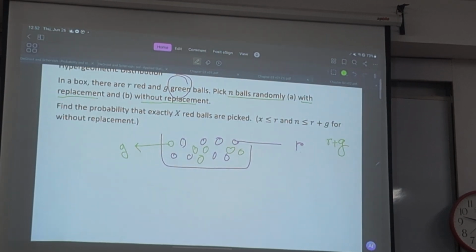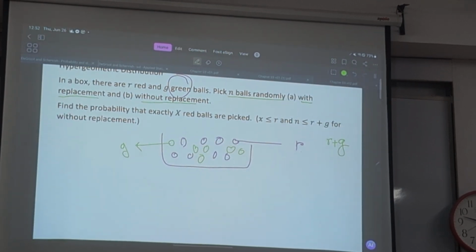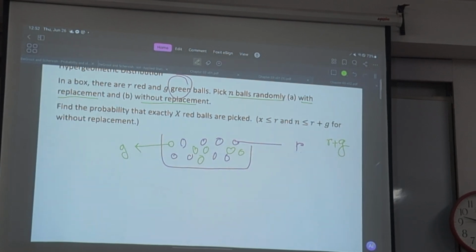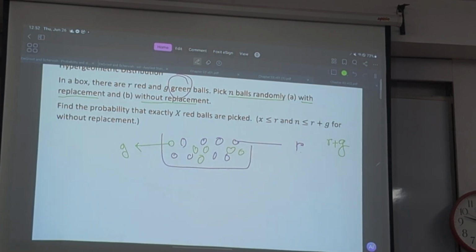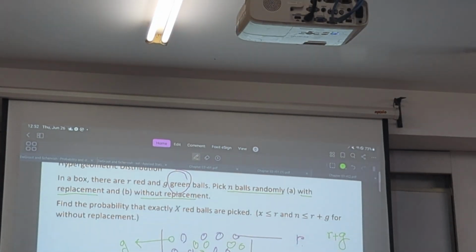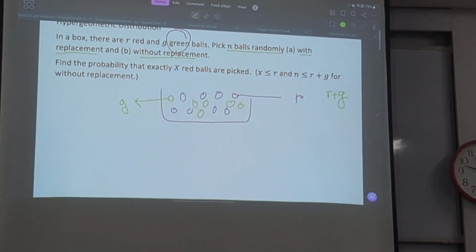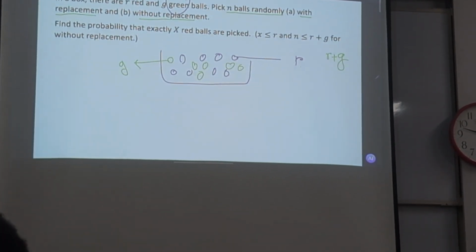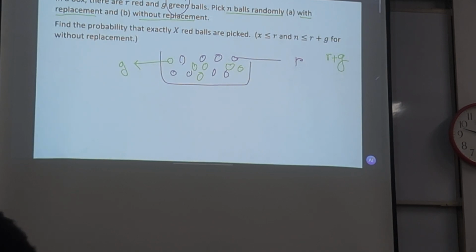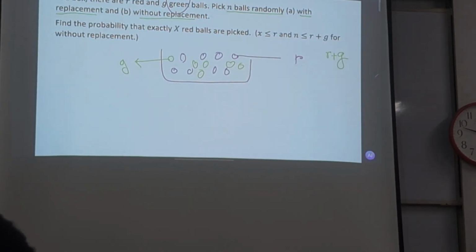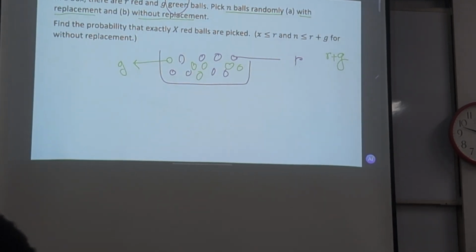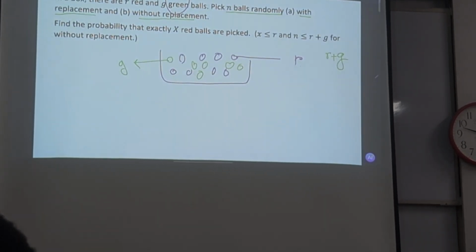With replacement, we will pick a ball and we will note the color of the ball, count how many red balls so far picked and how many green balls so far picked, and then we will pick the next ball. This is clear. In the case of without replacement, we will pick a ball, and the number of balls will decrease by 1 each time, so you cannot pick more balls than are in the box.